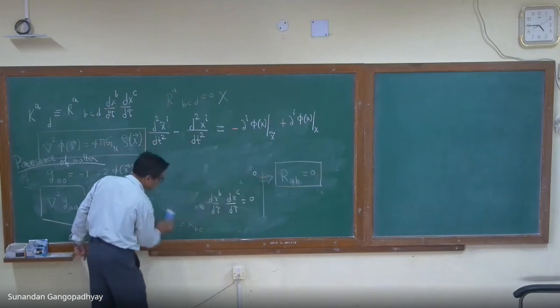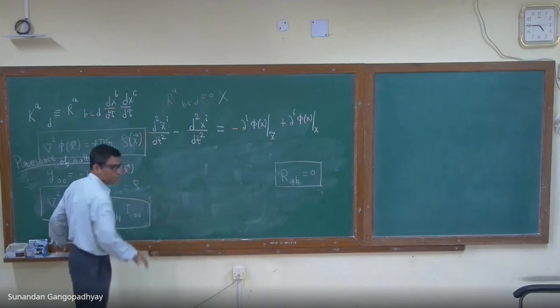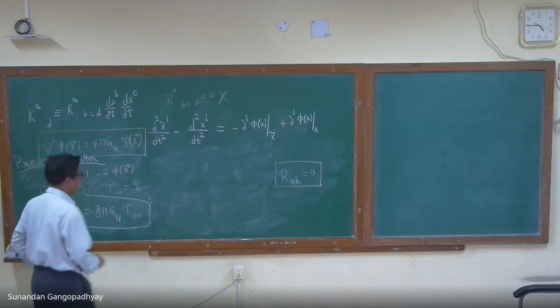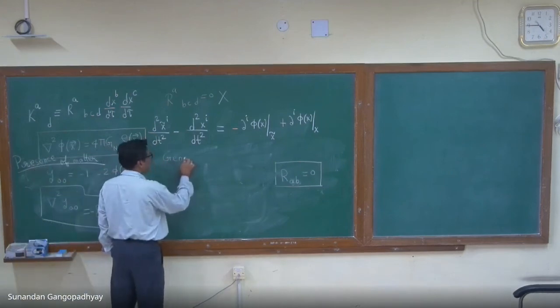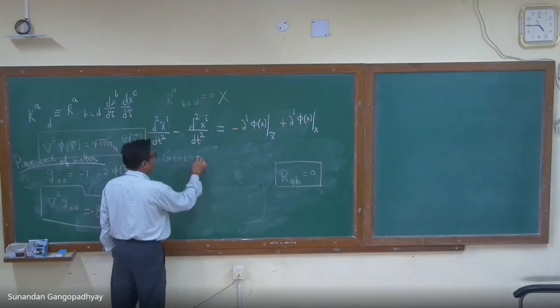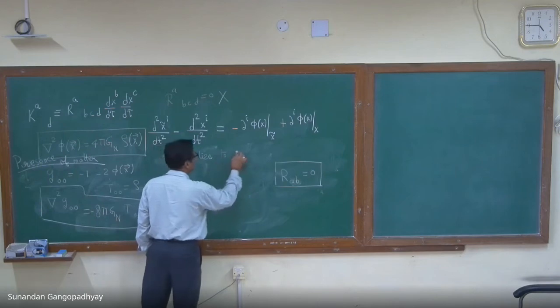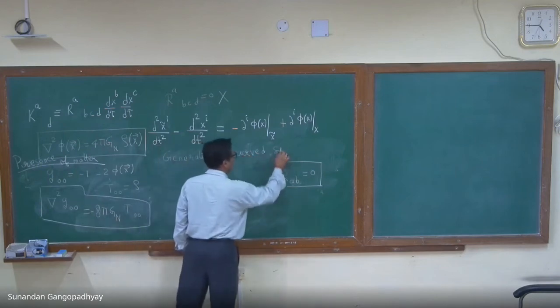So what is the next step that I shall carry out? Can you guess? Generalize to curved spacetime. So now again I shall make a jump, as I had already made in the case of empty space.